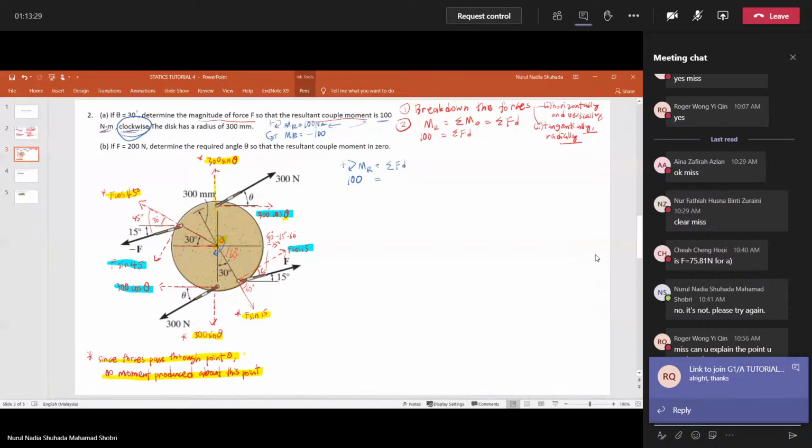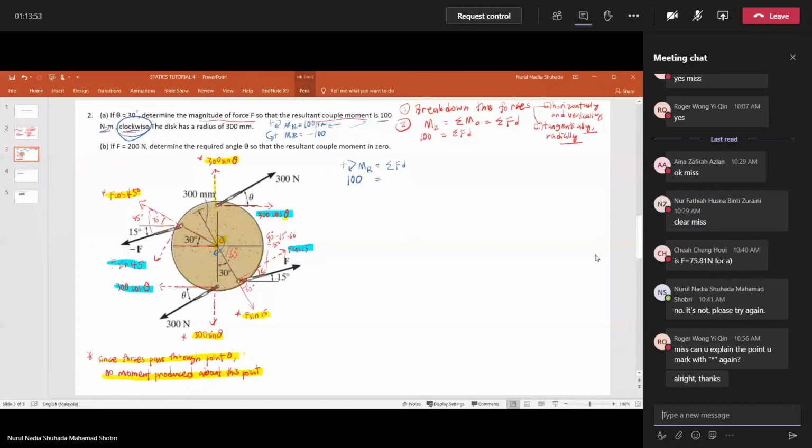Since you already define the direction is clockwise, the moment direction is clockwise, so the value of the resultant moment is 100 Newton meter. Now we have to sum all these forces. I take this point first.